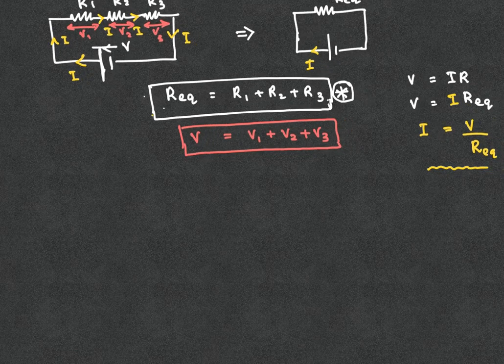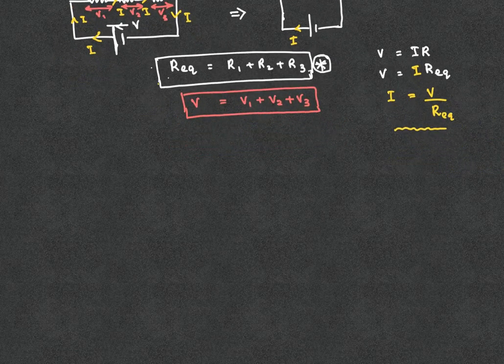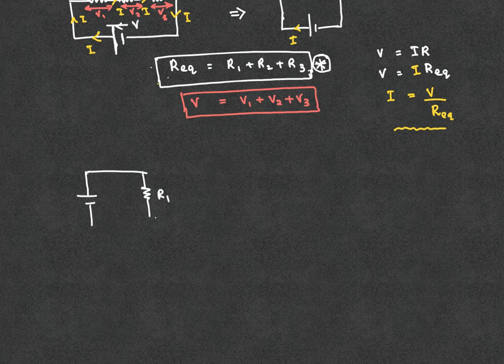Now I am going to do the same for the parallel circuit, a simple circuit. Let me draw that, and let me call the same R values here, R1, R2, R3. These are the resistors.